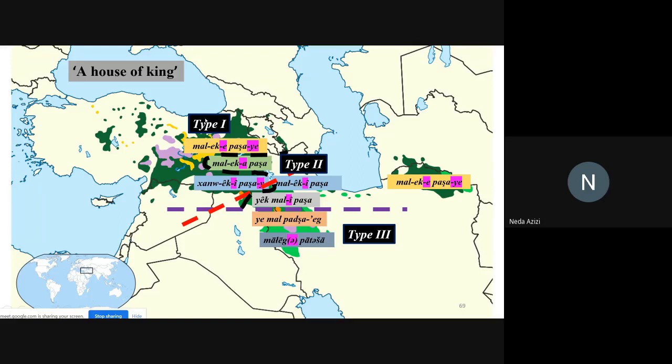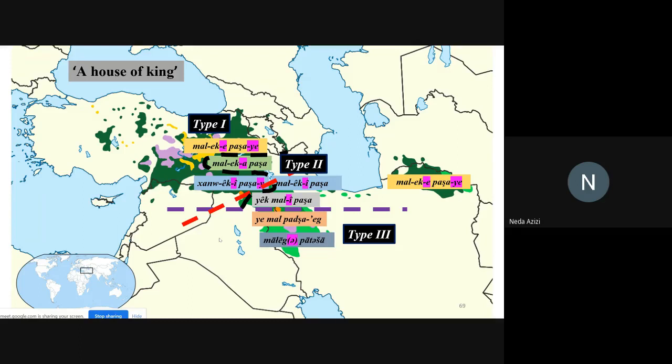Type 1 is the northern areas; type 2 would be in the middle; type 3 would be those forms that are without any izafa. And I distinguish these isoglosses with the violet dots as well as red and black lines to show the isoglosses, basically boundaries between these forms.